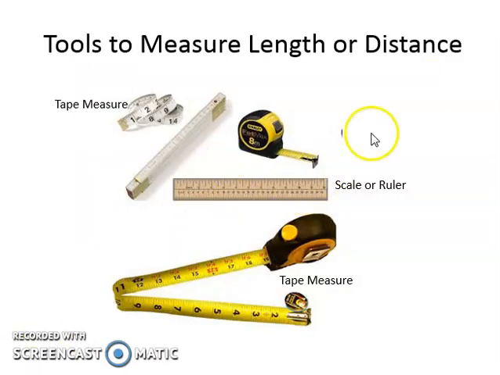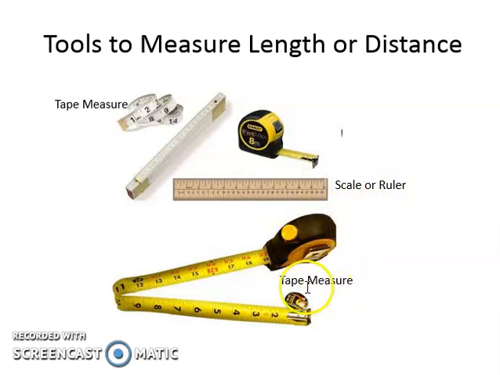Okay, tools to measure length and distance. We have different types of devices to measure the length and distance. Tape measure. We can use it to measure the length of our body. Scale or a ruler. In other books, they call a metric ruler a scale, but that is just the same.